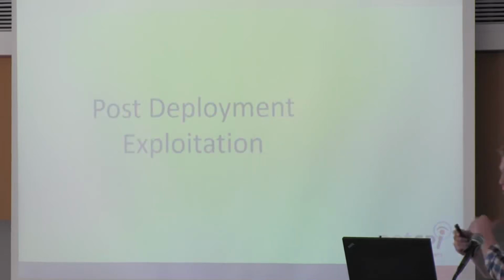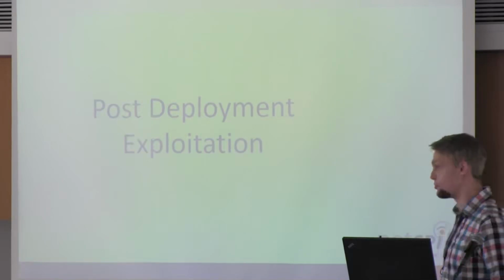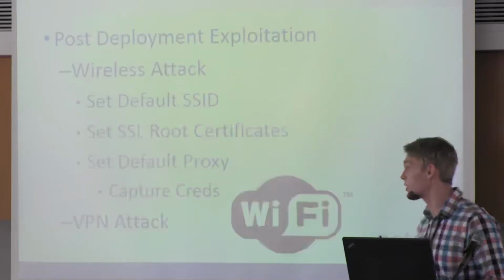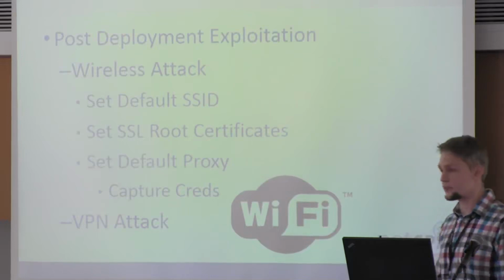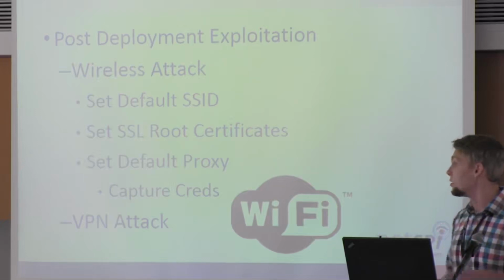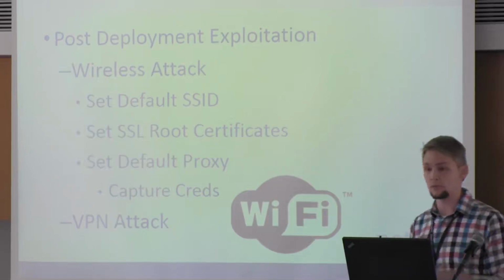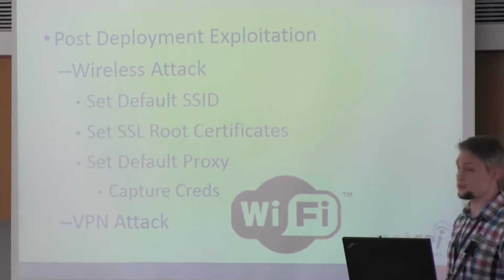So once we've got these mobile configs onto an iOS device, what can we do? The primary attack we're going to talk about is the wireless attack. This one's really simple. This is what's being emulated with the QR code that I was showing you earlier. You set a default SSID, you set the passphrase to connect to that SSID. Then you set up some additional settings for them.